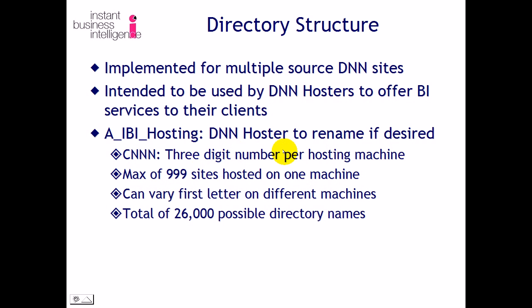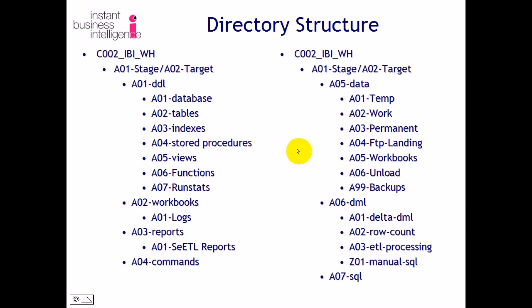So that means you have a maximum of 999 sites hosted on one machine, which is obviously more than you can ever do. You can vary the first letter on different machines if you like. So you have a total of 26,000 possible directory names to host things in. And I don't think any DNN hoster is going to have more than 26,000 BI customers. If you do, good luck to you. So that's the directory structure, the top level.